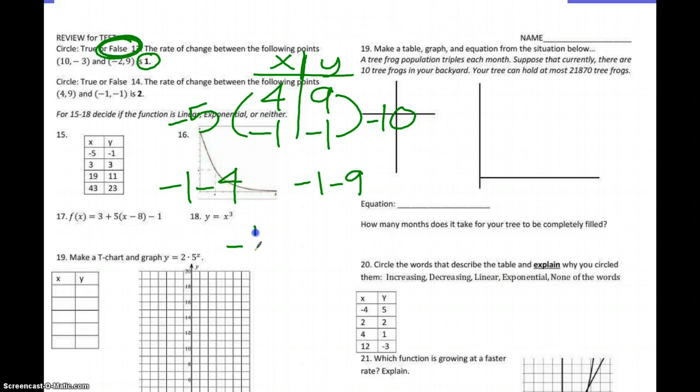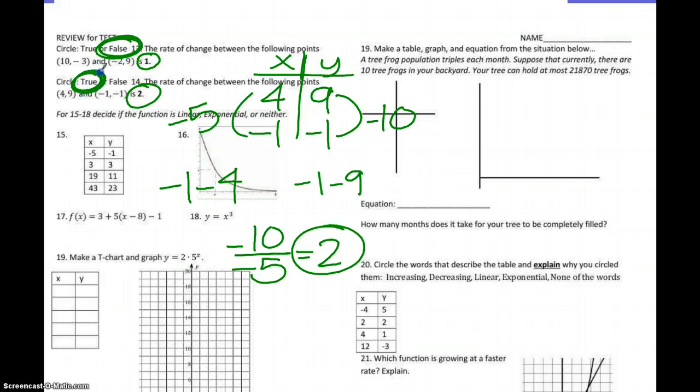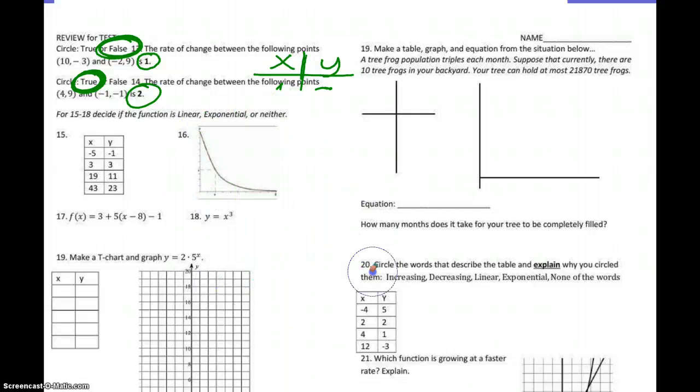So if I divide these out, -10 over -5, negative makes positive, and 10 divided by 5 is 2. So it's a positive 2, and that's a positive 2, therefore it's true. Be very careful with your positives and negatives on this problem. That can mess you up.